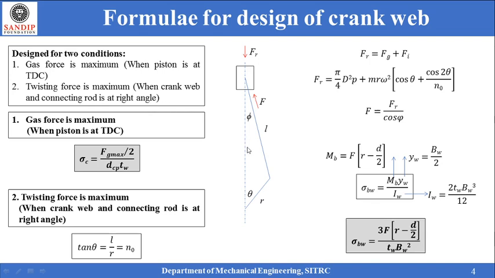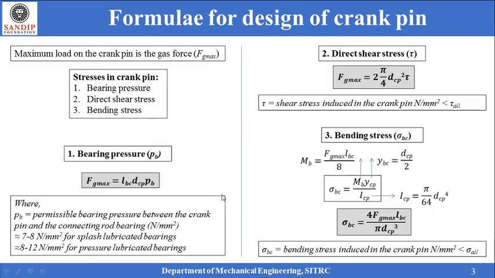Now we can easily make it out from the geometry that when the crank web and connecting rod are at right angle to each other, at that time theta plus phi is equal to 90 degrees. Let us understand the first condition, that is when gas force is maximum. When the gas force is maximum, the web is subjected to crushing.